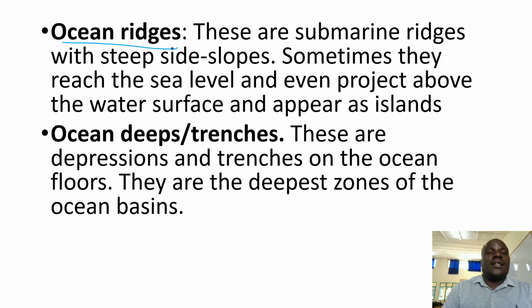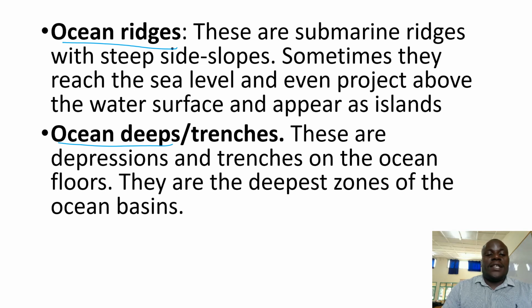They appear as islands. These have steeper sides compared to the rest. And we have ocean dips, trenches. These are depressions and trenches on the ocean floor. They are deeper than the rest. Ocean ridges are steeper than the rest, and ocean dips are deeper than the rest.